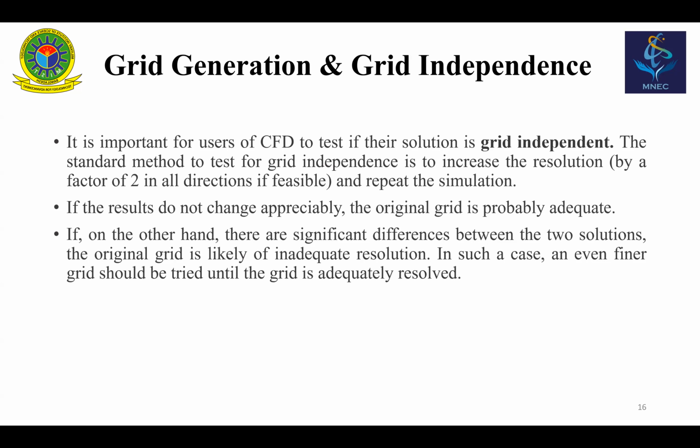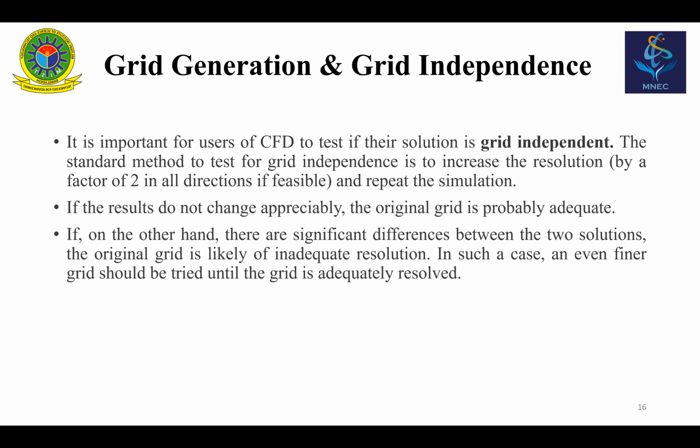Then you increase the nodes to 90,000, and the pressure drop is still 30 Pascal. You take 1 lakh nodes, and the pressure drop is still 30 Pascal. So you can see that from 70,000 nodes, your pressure drop value has become fixed.